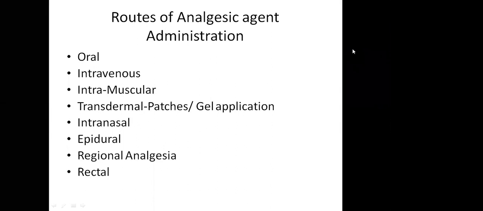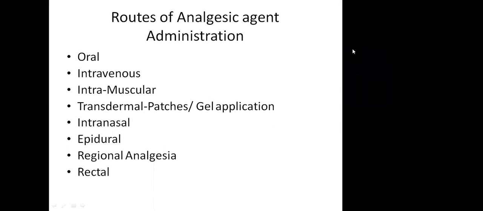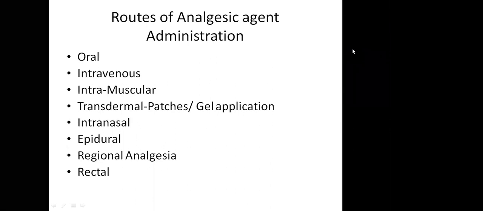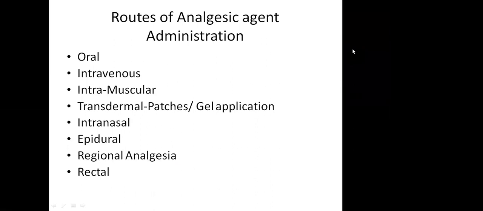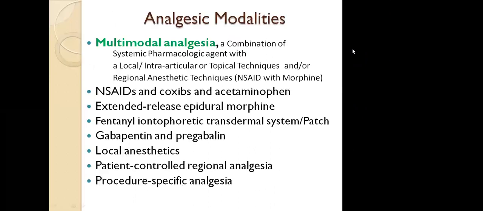Analgesic agents can be given orally, intravenously, intramuscularly, by transdermal patches, intranasal, epidural, regional anesthesia, and rectal, depending upon the orders you receive from either the anesthetist or the ICU in charge. Nowadays, multimodal analgesia is quite in vogue.